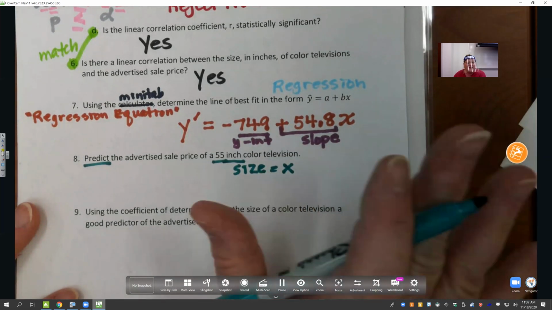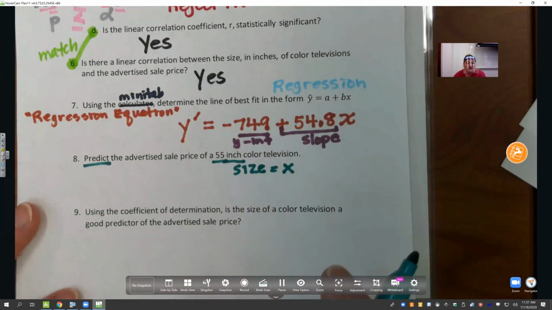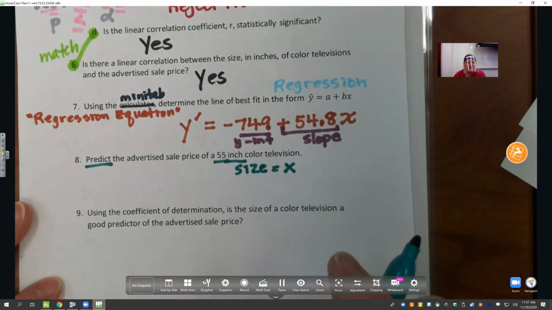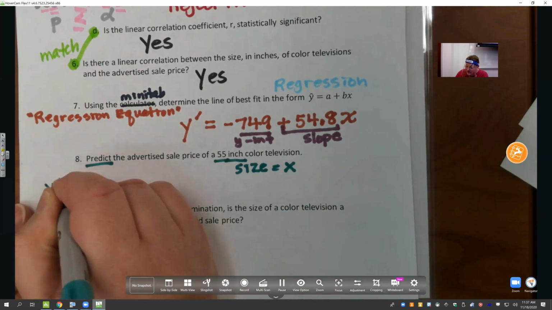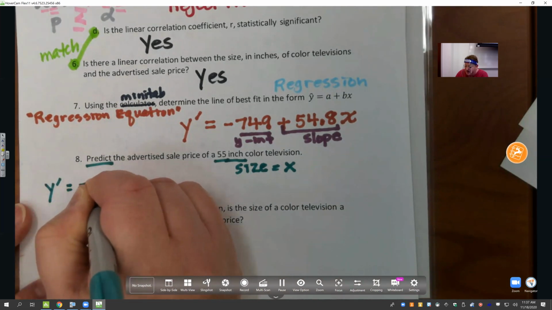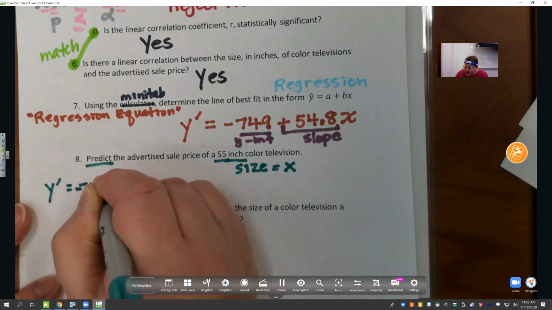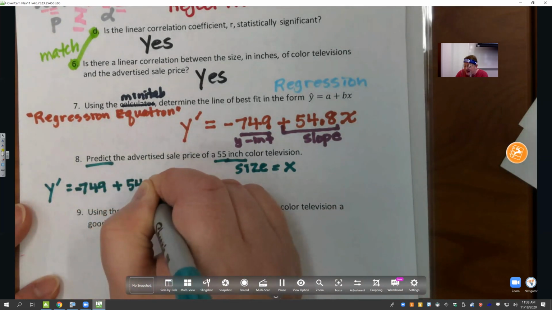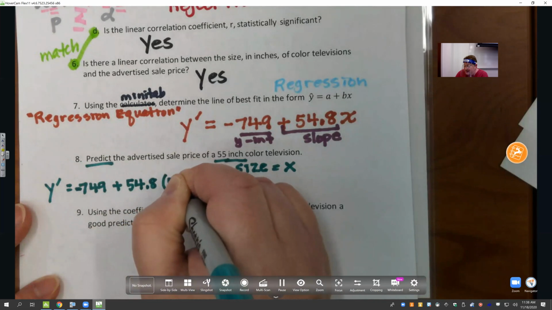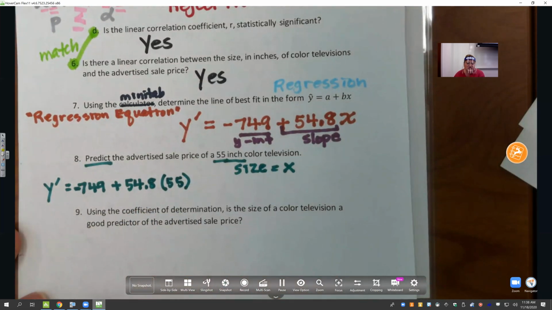I'm going to plug 55 into the equation that we just found in question 7. So I would have y prime equals negative 749 plus 54.8 times 55 inches, excuse me.